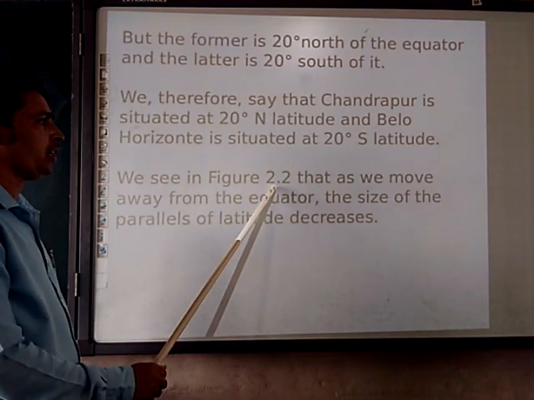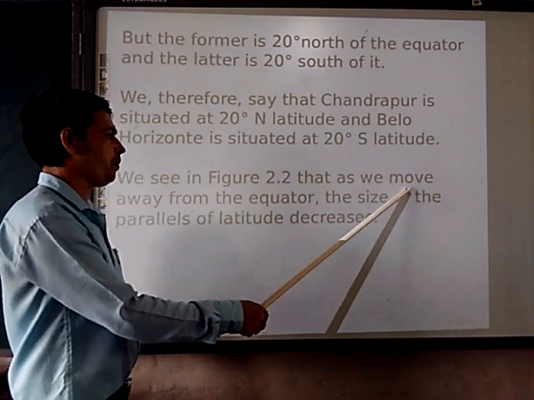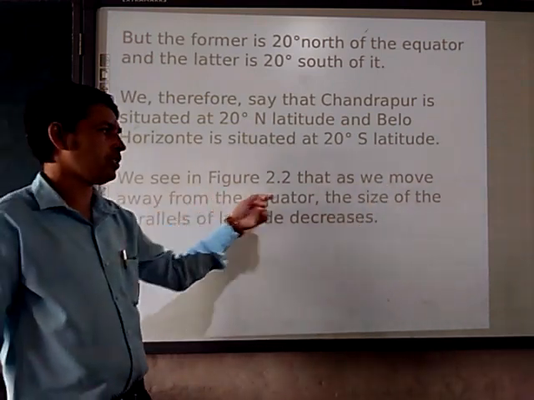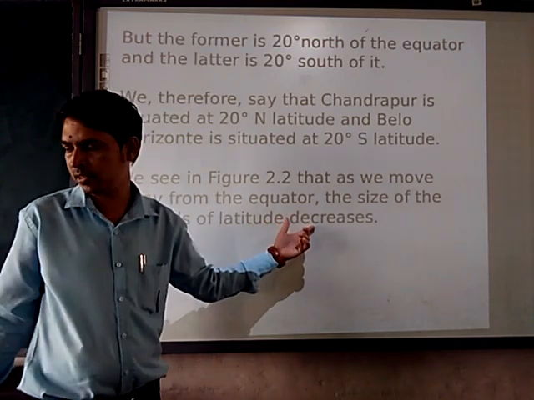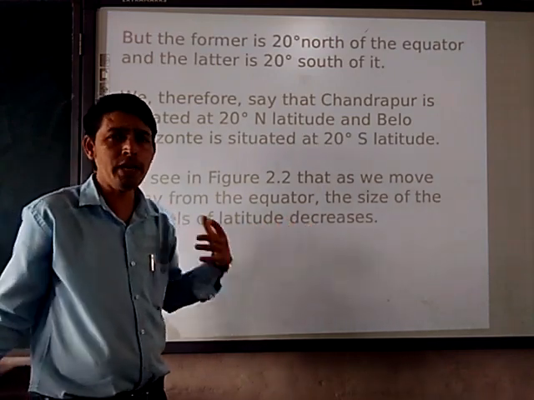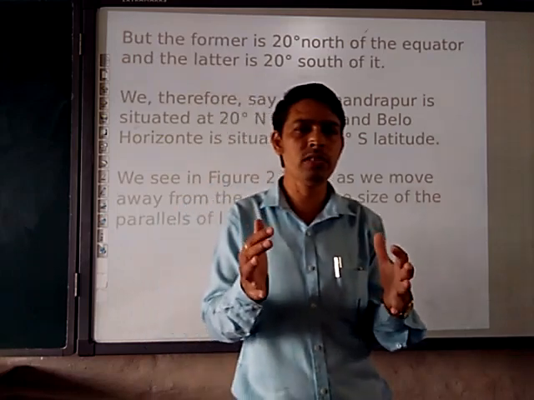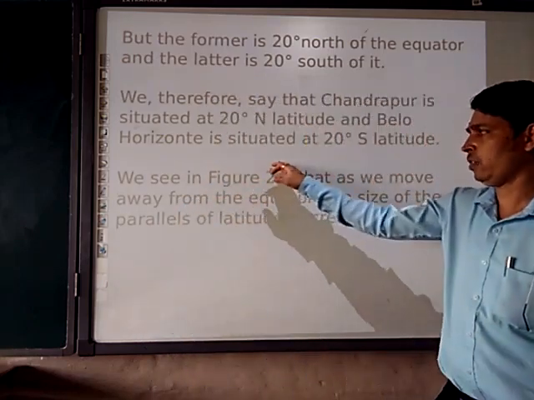We see in figure 2.2 that as we move away from the equator, the size of the parallels of latitude decreases. To understand this better, we are going to see figure number 2.2.